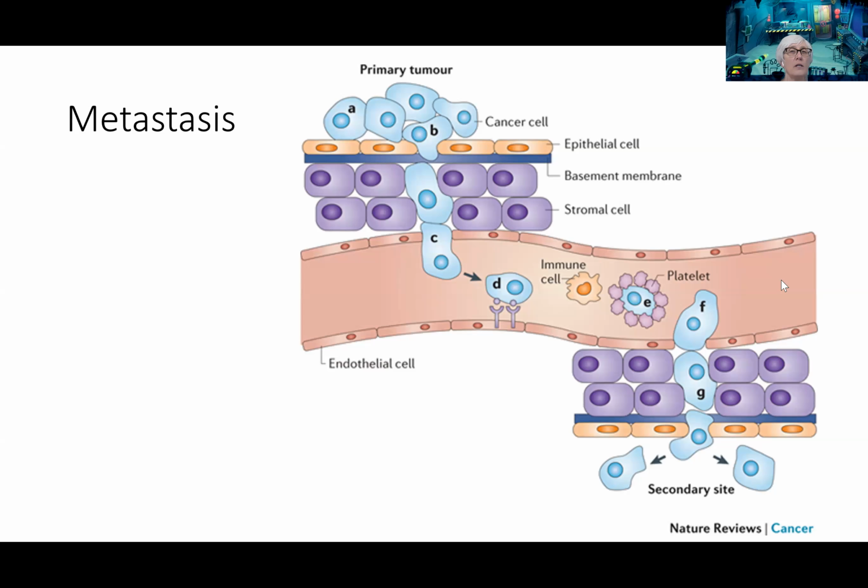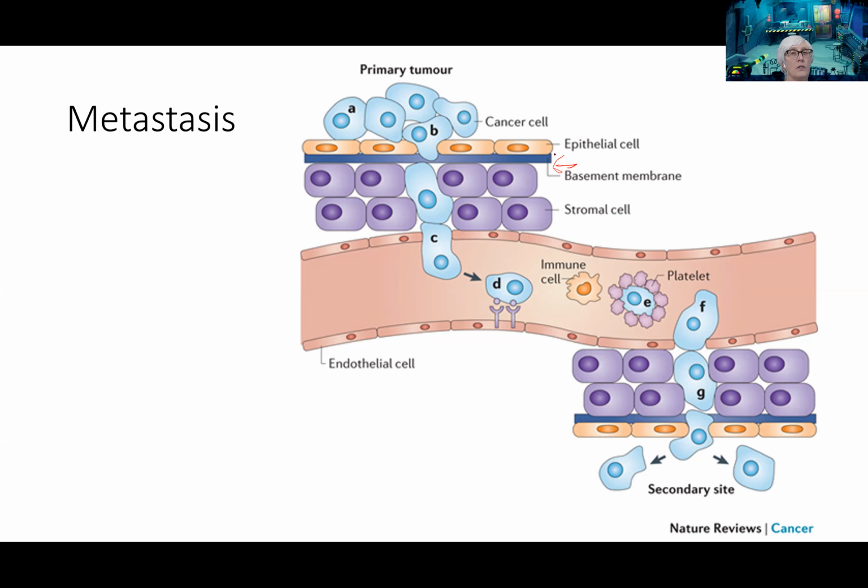We have the primary tumor that is able to not only break through the epithelial barrier, but also to break through the basement membrane. As I said, that is potentially because cells have acquired expression of some protease or have somehow otherwise caused the degradation of that basement membrane so that cells can breach it.